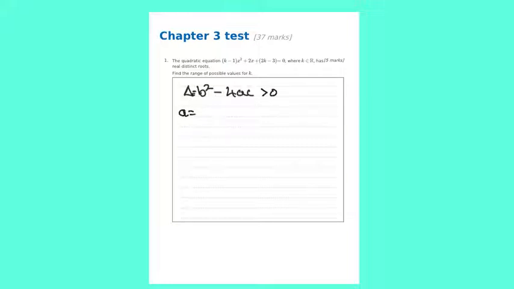So a is equal to k minus 1, b is equal to 2, and c is equal to 2k minus 3. Substitute in. So we get 4, which is b squared, minus 4 times (k minus 1)(2k minus 3), which has got to be greater than 0.